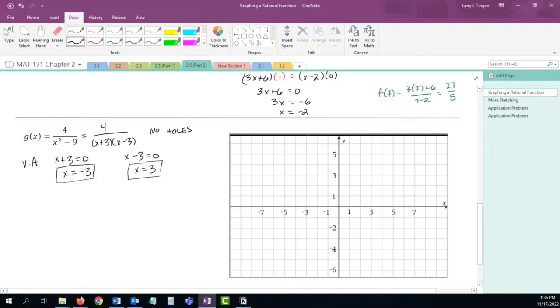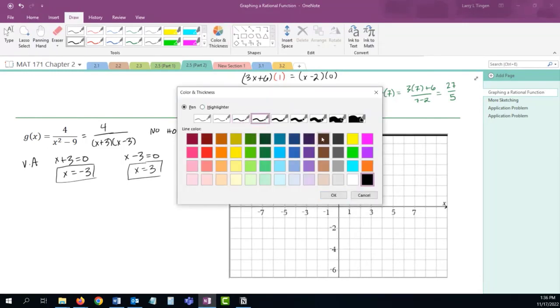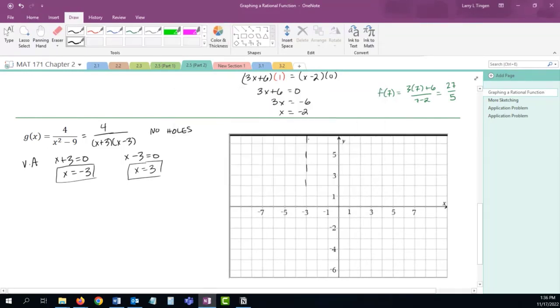At negative 3, I tried to learn my lesson on drawing, it's just easier to sketch these than to try to make a vertical line go dead on. That is negative 3, and then there's another one over here, positive 3. So a vertical asymptote at 3. Okay, so vertical asymptotes done.